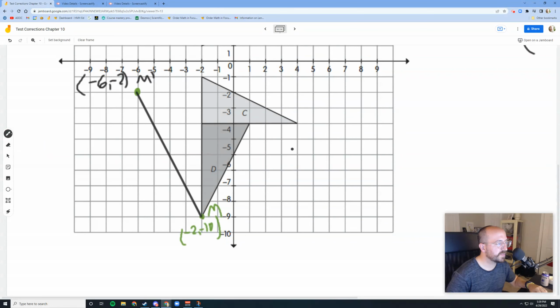So let's talk about this. If it spins around, what do we know about rotation? It should be equidistant, right? So equal distance. We're going up 1, 2, 1, 2, 3, 4, 5, 6, 7, 8. Let's go up 4. 1, 2, 3, 4. Pretty sure X marks the spot that it would rotate around. Let's see.